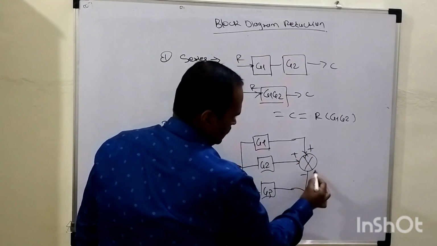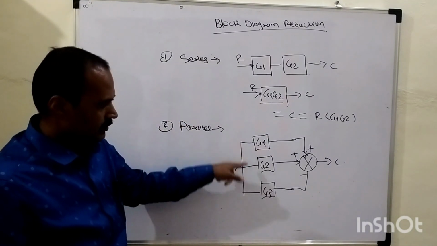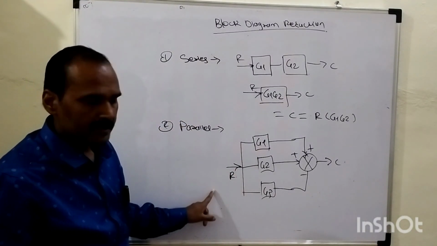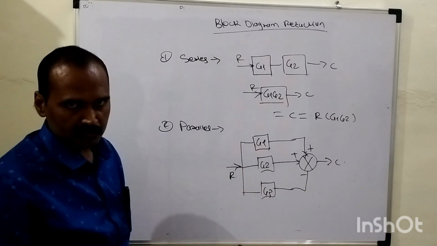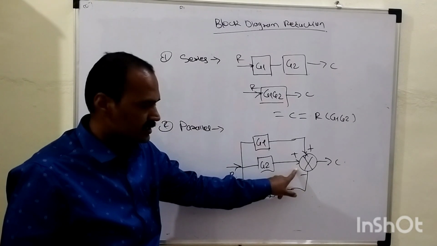This is how the scenario looks, and this is C, right? These three blocks are connected in shunt form. Why? Because these three blocks are terminated at this summing point.